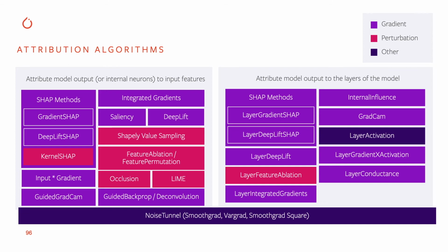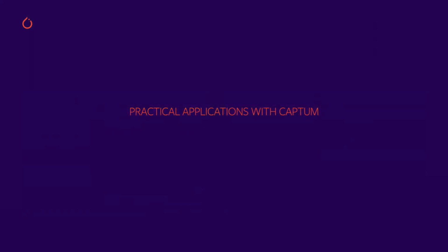These are also known as layer attribution algorithms. In the next slides, I'll showcase how we can apply some of these algorithms to our segmentation and classification models using the Captum library. Now let's apply some of those algorithms from the Captum library to well-known pre-trained models.